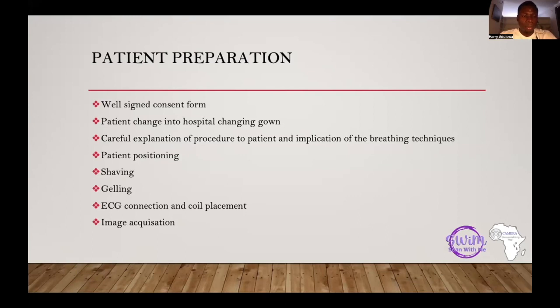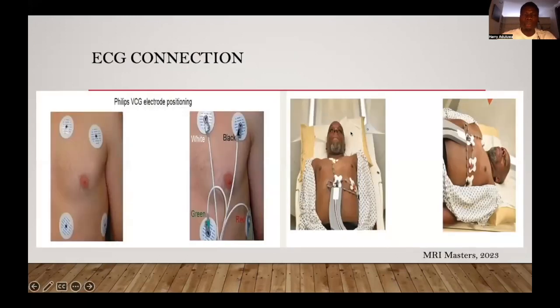Okay, apart from the normal ECG, we know during cardiac MRI, there's also what they call the peripheral ECG, the one you connect to the patient's thumb or the index finger. The peripheral ECG helps you to do one or two free breathing sequences.